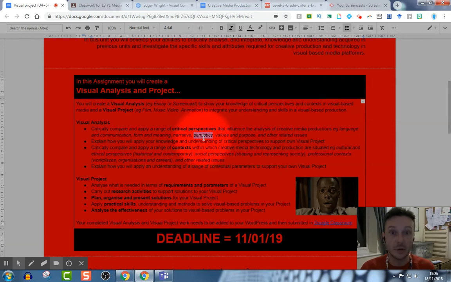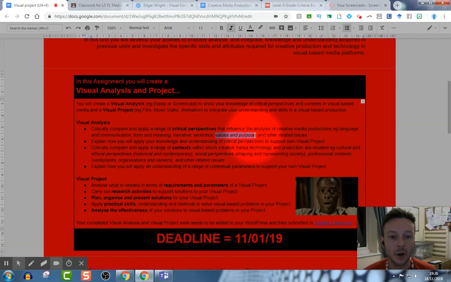How do these semiotics, which is the study of signs, how do these different semiotics communicate to an audience? Apply this critical perspective and tell me how that helps you to analyse different types of media.